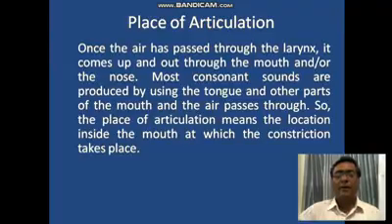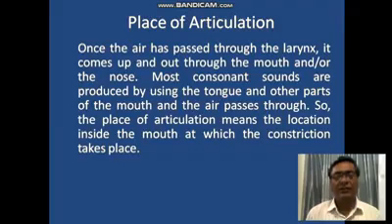Now let's try to remember what we studied in place of articulation of consonant sounds. At first we gave a kind of definition of what is place of articulation of consonant sounds. Once the air has passed through the larynx, it comes up and out through the mouth and or the nose.